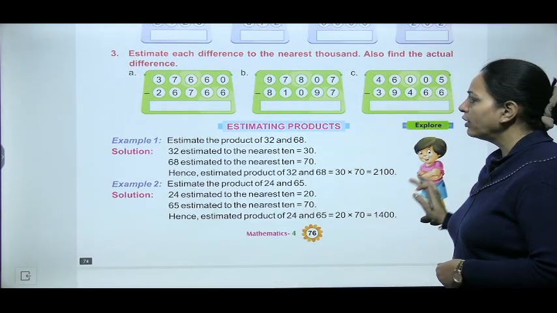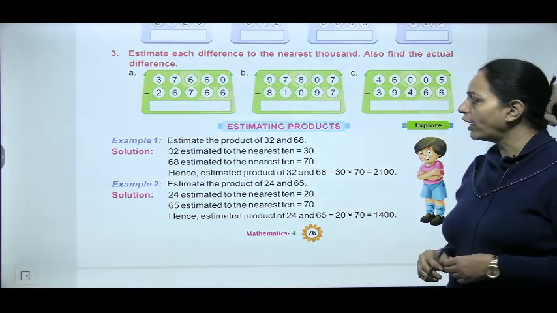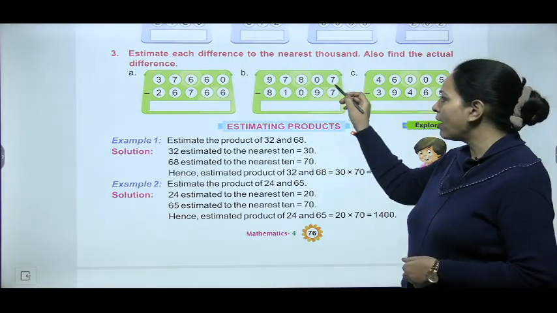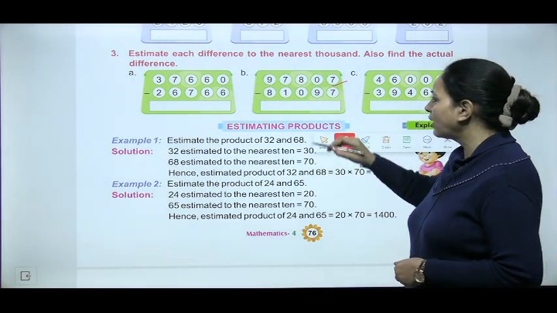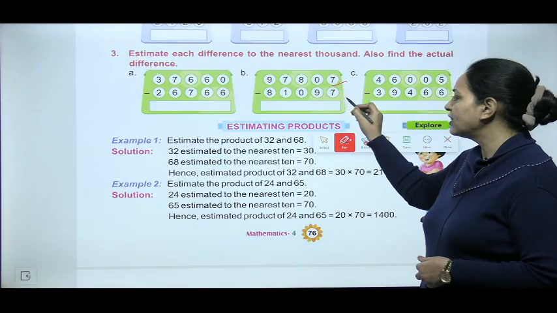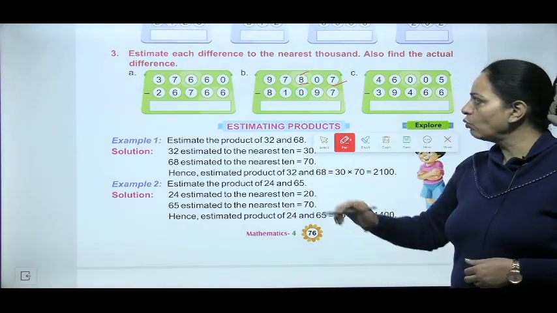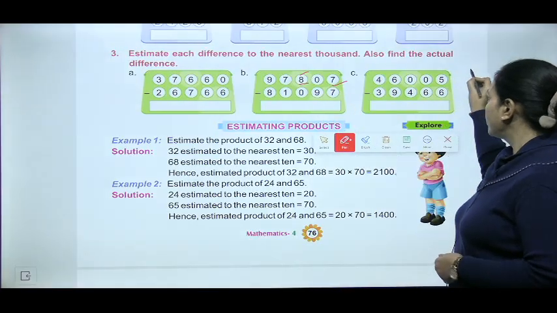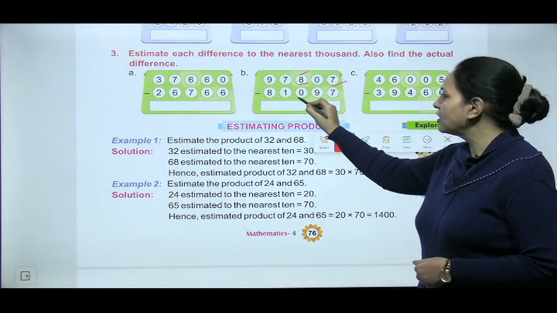And now the third one, estimate each difference to the nearest thousand. Also find the actual difference like B part here. So 97,807 minus 81,097. See the 100 digit. So this is 8. So we have to change 1000. This becomes 98,000 minus this is 0.